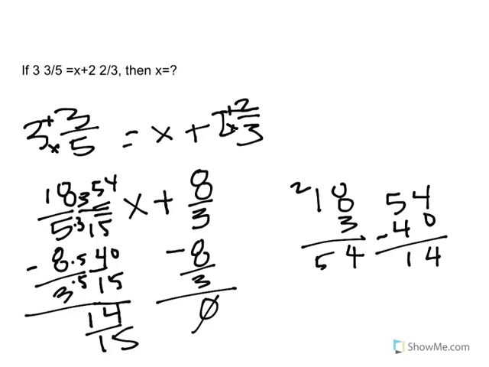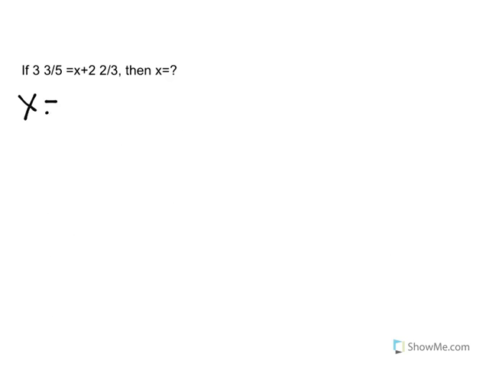Now, we can check our work to make sure that this is correct. So we are saying that x equals 14 over 15. We can plug 14 over 15 in for x and see if it equals out.